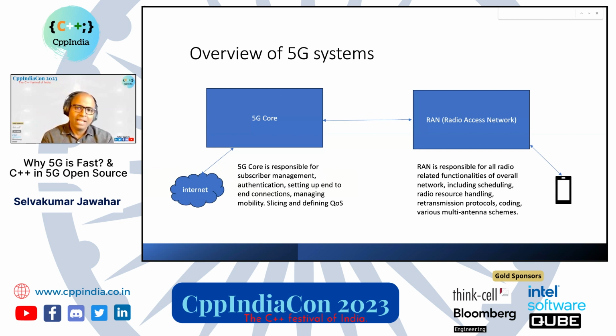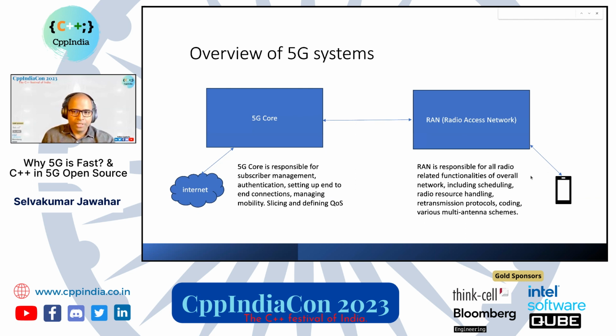5G systems. What you see on screen is a highly simplified version of 5G systems. What we have in 5G is a 5G core and a RAN. RAN is radio access network.